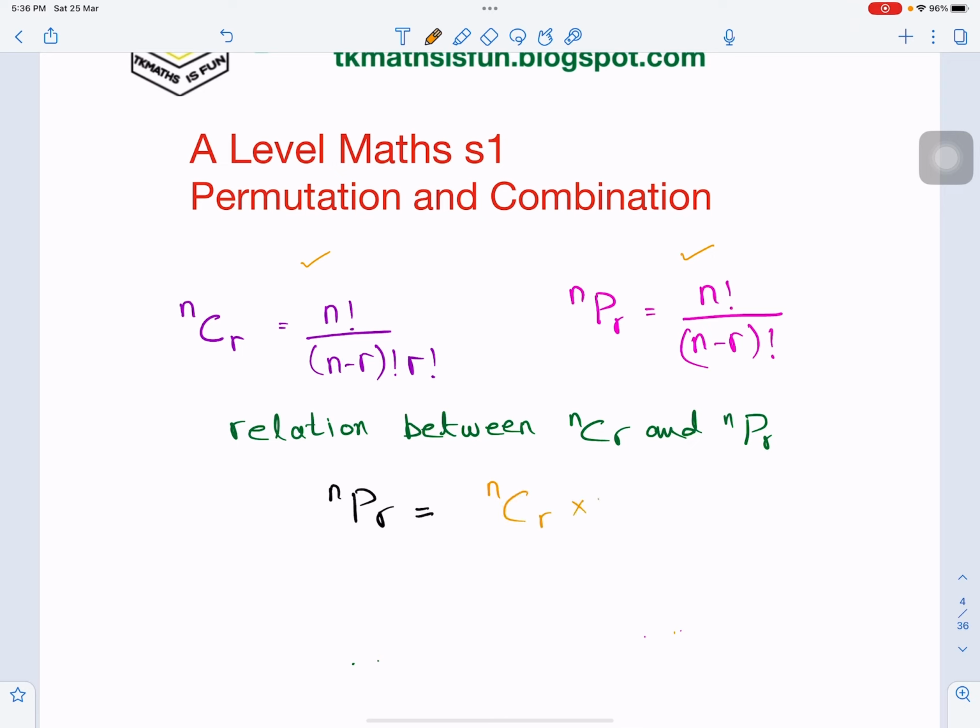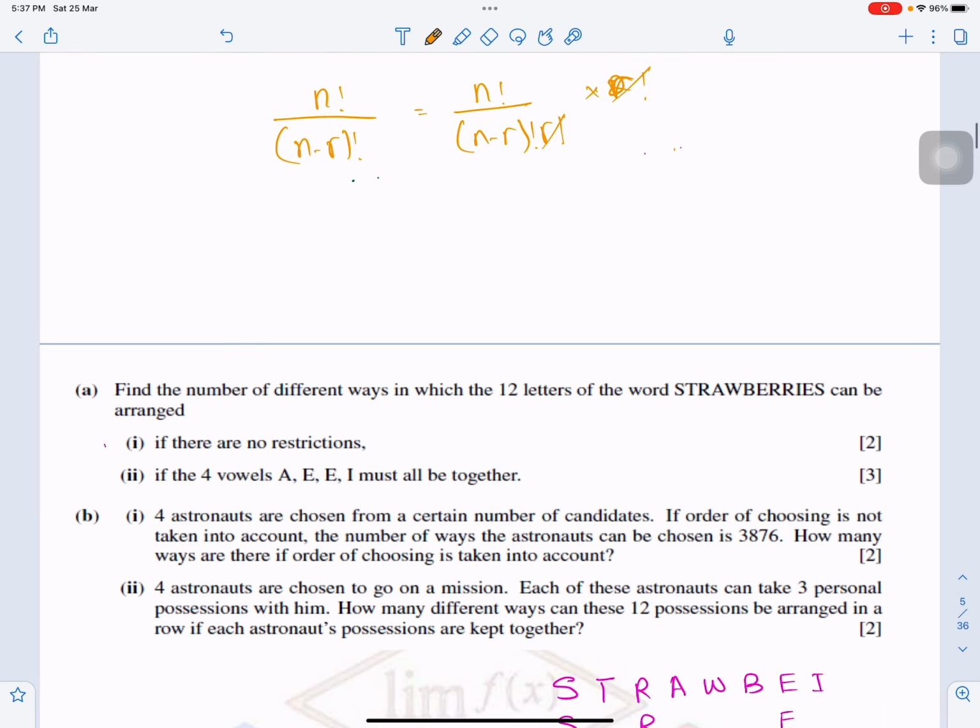Through the formulas, nPr is n factorial divided by (n minus r) factorial, and nCr is n factorial divided by (n minus r) factorial times r factorial. When we multiply by r factorial, this cancels out and they are equal to each other. We will apply this concept in one part of the question today.